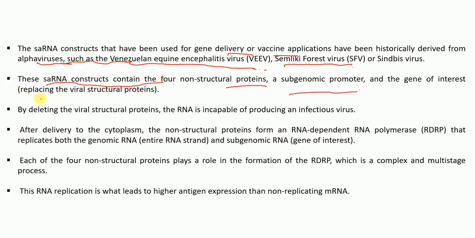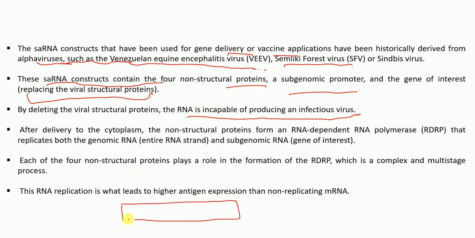So this gene of interest basically replaces the viral structural components. By deleting the viral structural components, the RNA is incapable of producing an infectious virus. So basically, if this is a virus sequence, and these are non-structural proteins and these are structural proteins of the virus, then when we make the construct for self-replicating RNA, we delete these structural proteins, and in place of them we put our gene of interest.